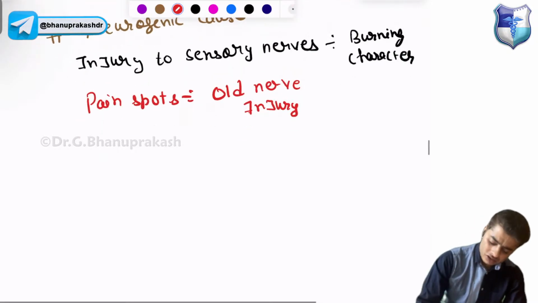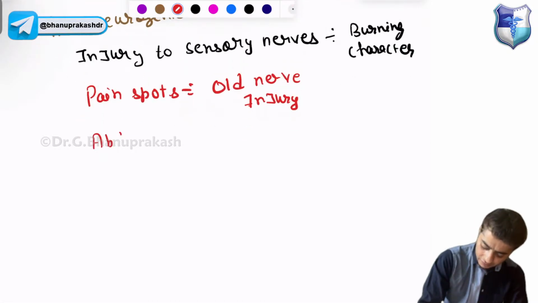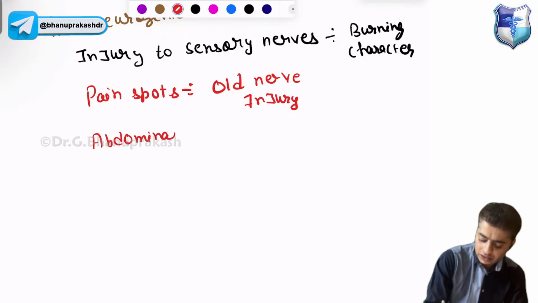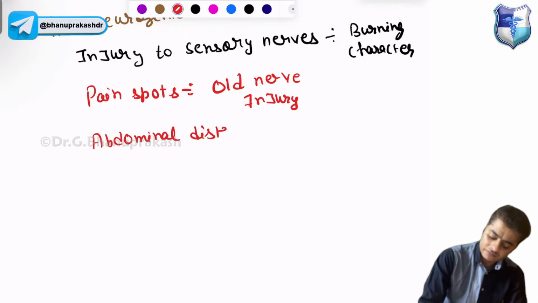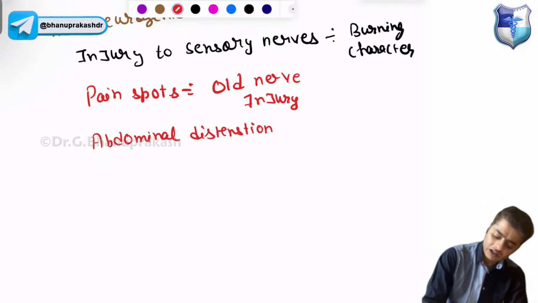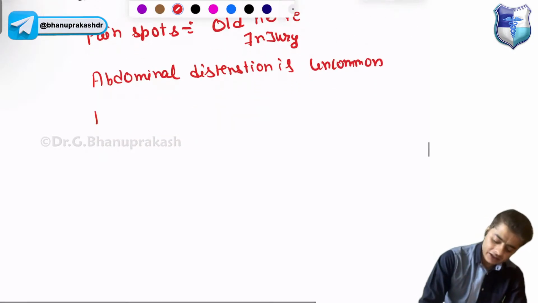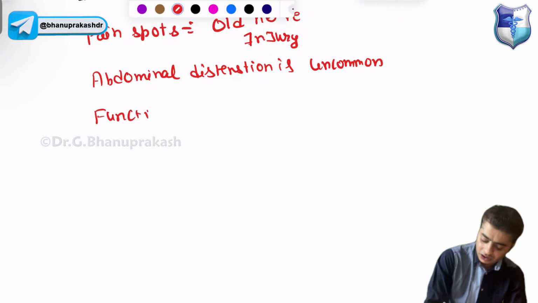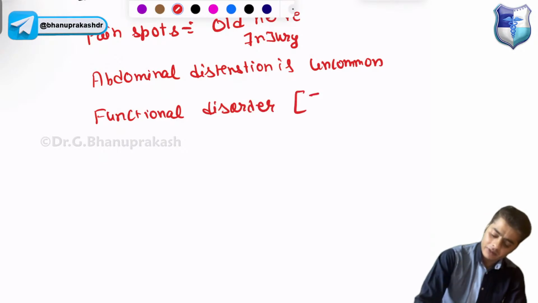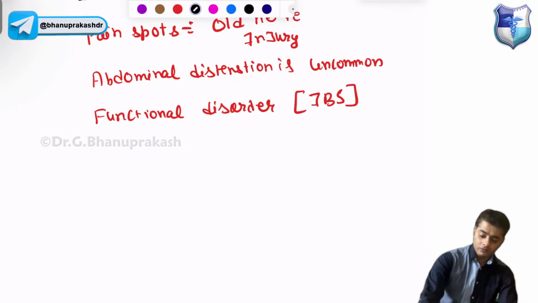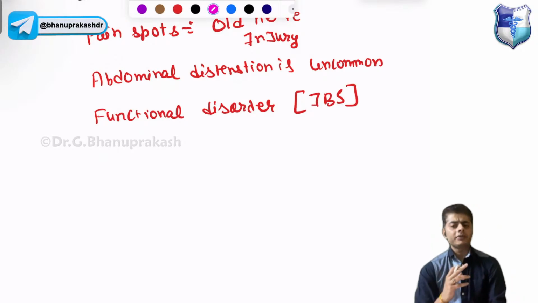Now in neurogenic cause, abdominal distension is quite uncommon, and sometimes there can be functional disorders like IBS. And when should you suspect IBS?